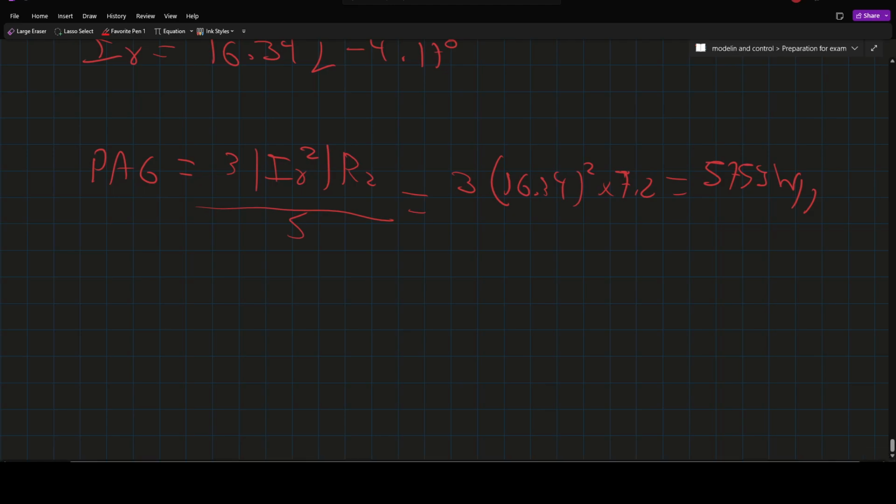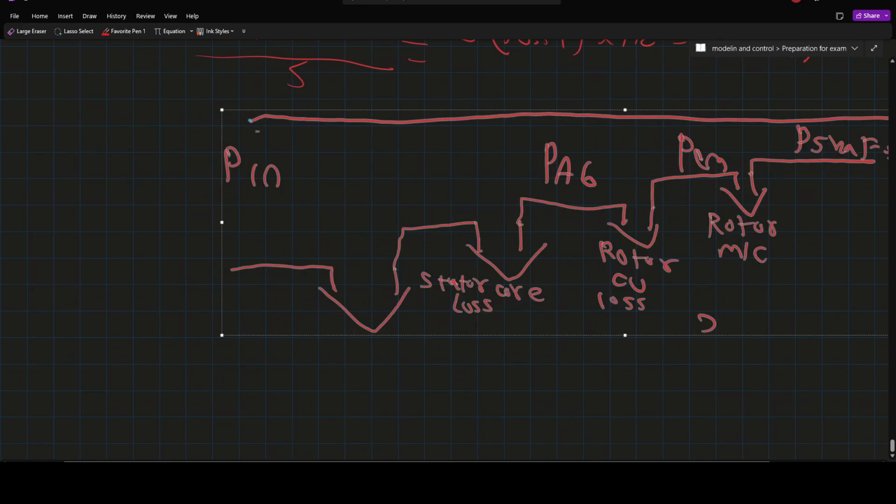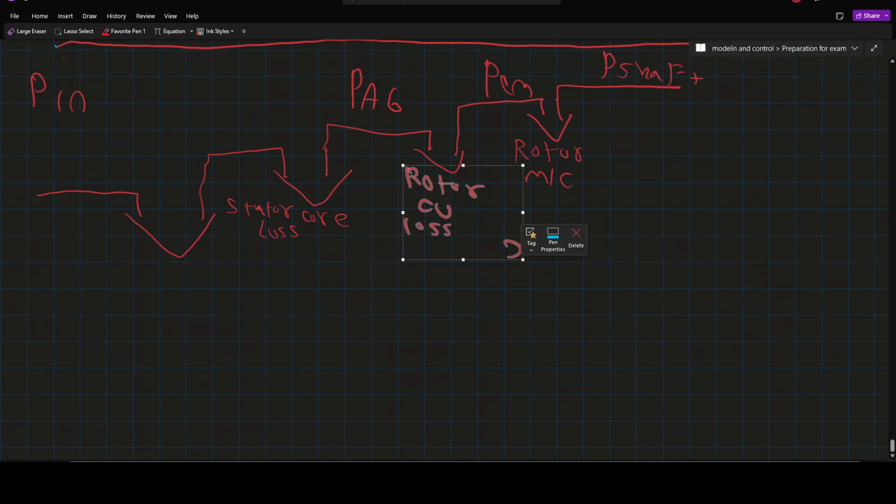So if we look here to our power flow, we know that our output power is our air gap power minus our losses, our losses in the copper and our rotor mechanical losses.